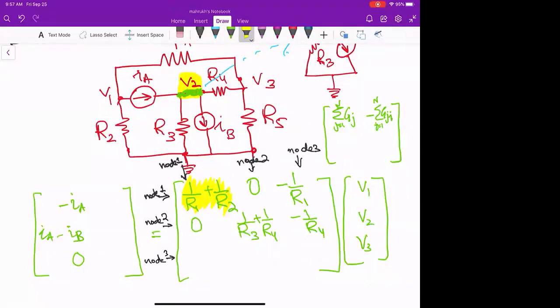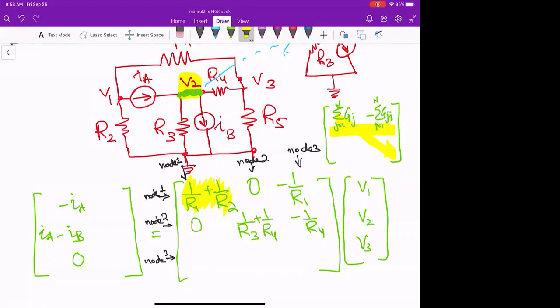In the very middle one, when it's 1 over R3 plus 1 over R4, how is that between 2 and also between 2 and 3? If you see here in our matrices, the diagonal elements talk about all the admittances that are connected at node 2, without thinking about any other element, that is R3 and R4.